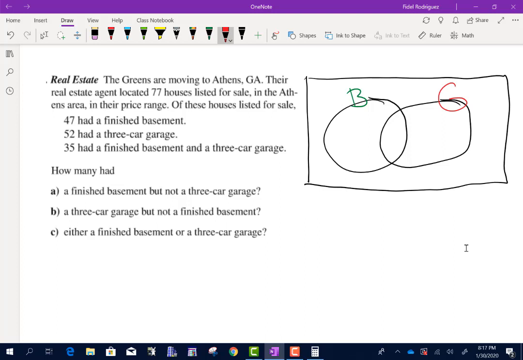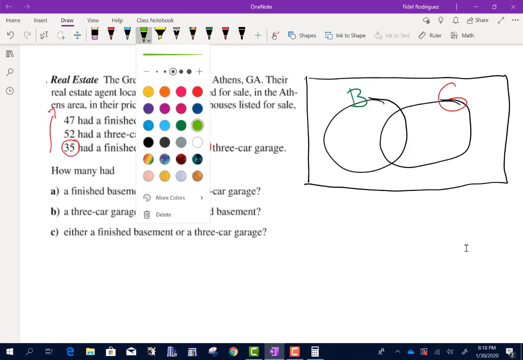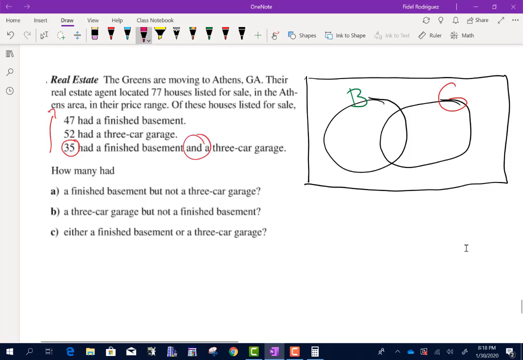And again, we're going to start from the bottom and we're going to work our way up. So 35 had both of them. So that 35, guys, is going to go, let's find a different color here. Let's try plum. Okay, so 35 is going to go right there.